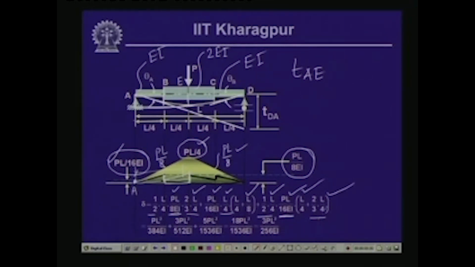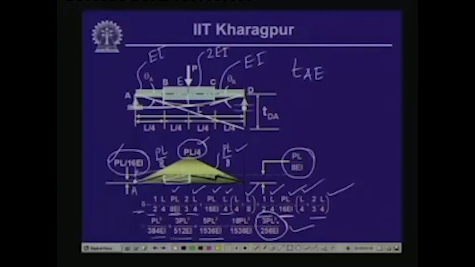Now, if we evaluate these individual moments of individual areas, we get PL cube by 384 EI, 3 PL cube by 512 EI, 5 PL cube by 1536 EI, and if you combine them, it comes as 3 PL cube by 256 EI.